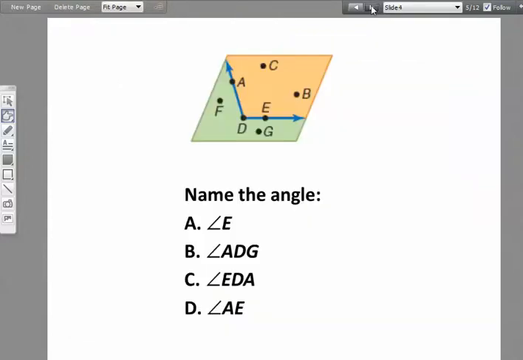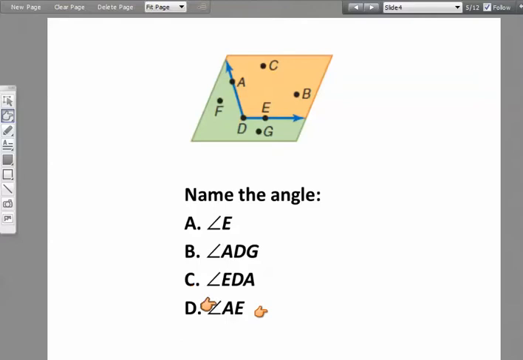So let's name this angle. Now, if we were in a live session, I would be having you poll this. But let's look. The actual angle is right here. The blue lines are the blue rays. Correction. Here's ray DA and ray DG. D is the vertex. So we know we could name this angle D. Not in the list. So we know choice E's out. Since D is the vertex, I know choice D's out.